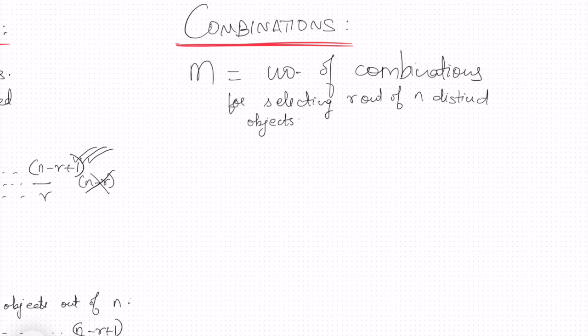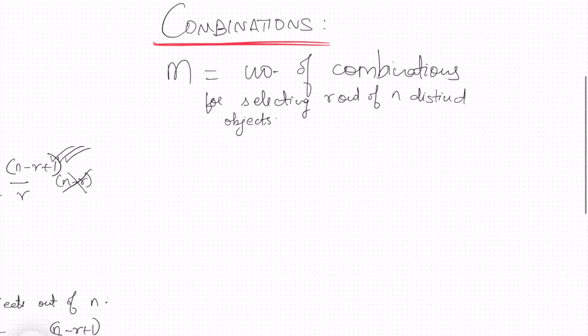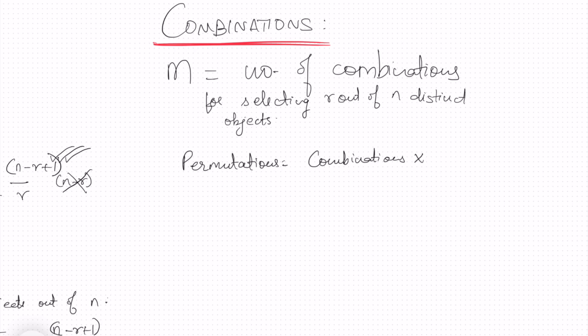So you can now think that we have all of these numbers. Permutations equal to combinations into order of arrangement.